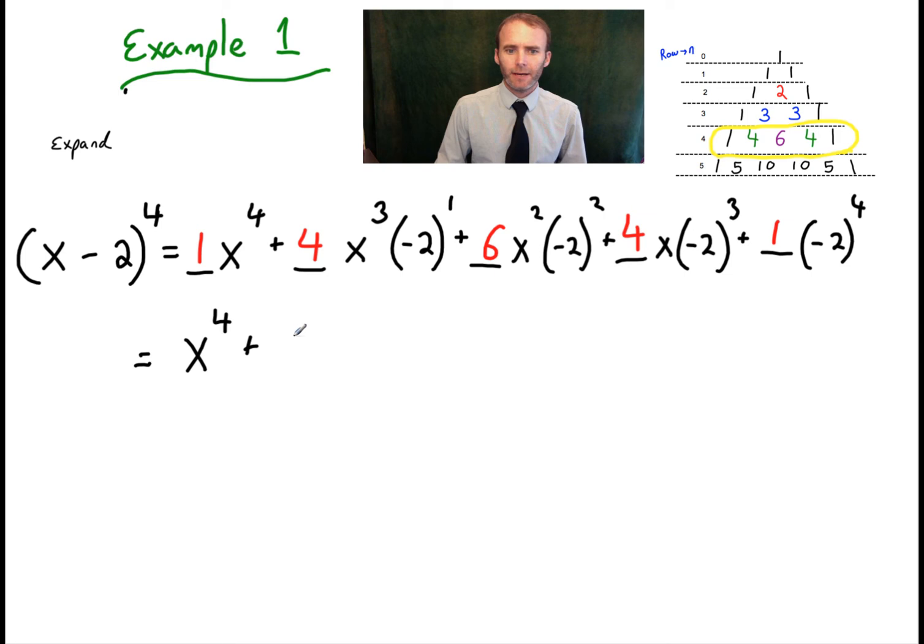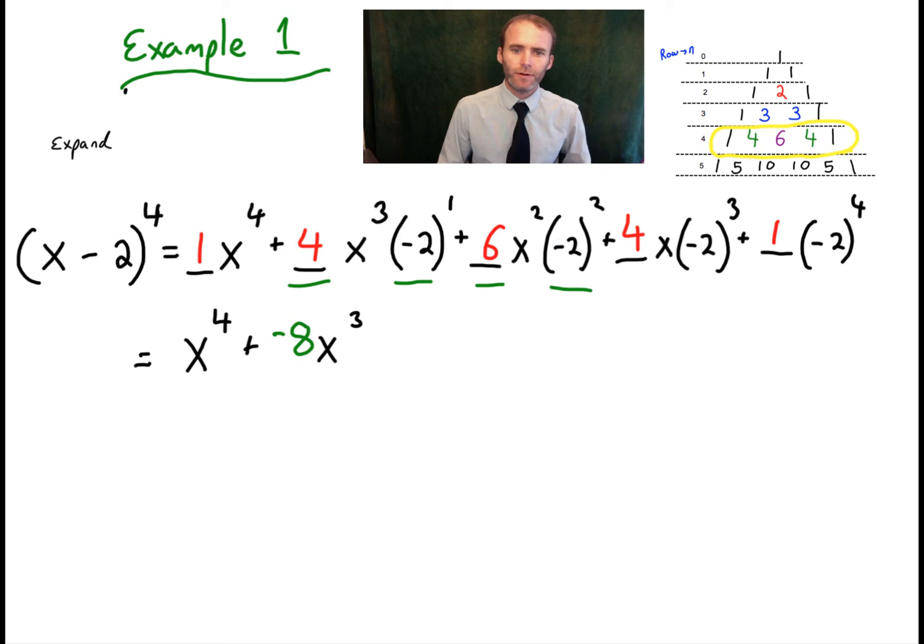So that gives me, let's write this in green, when I combine these like terms, a 4 and a negative 2, that gives me negative 8, and I have x cubed. So now let's combine the 6 and the negative 2 squared.